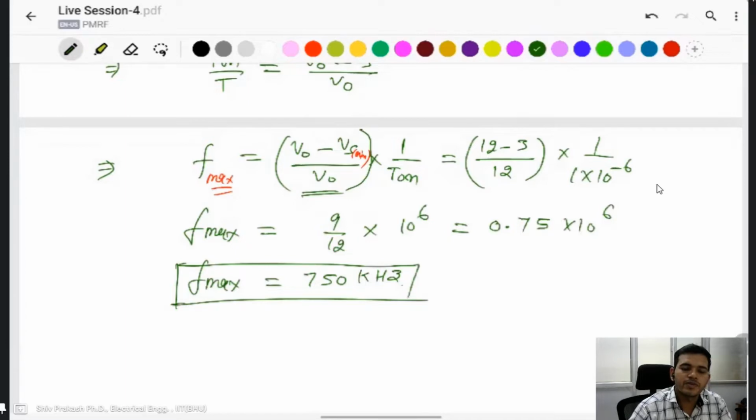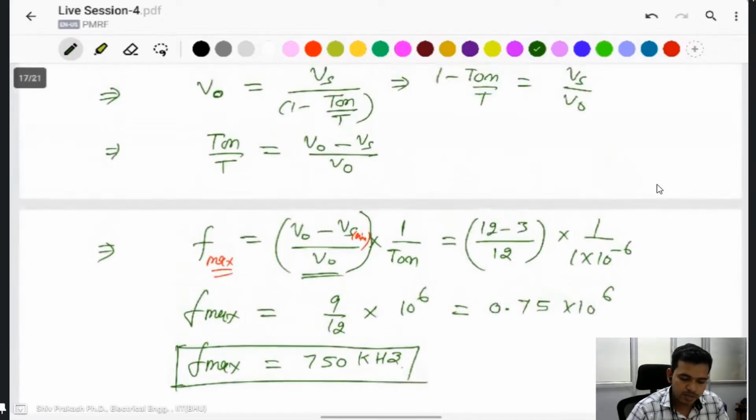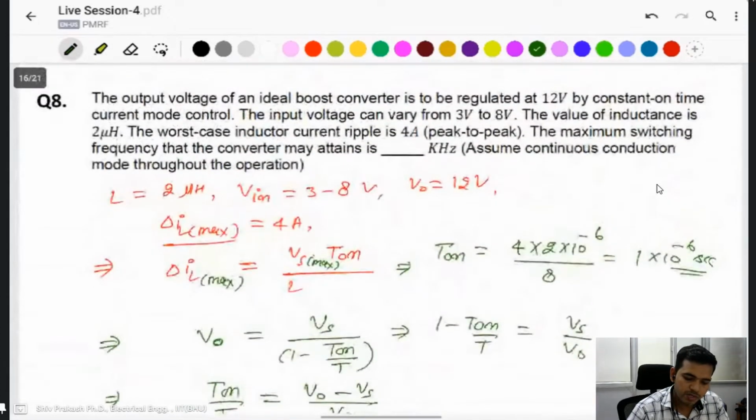The maximum switching frequency for the output voltage is constant 12 volt and input voltage varying from 3 to 8 volt.